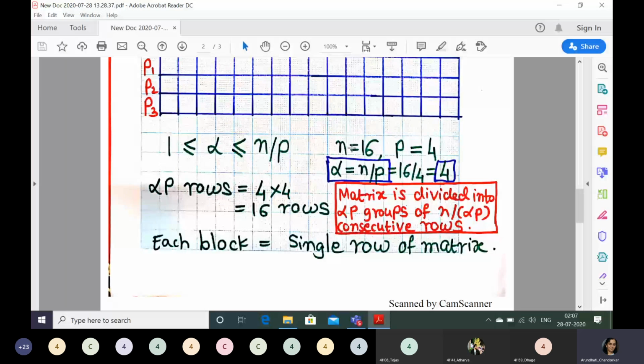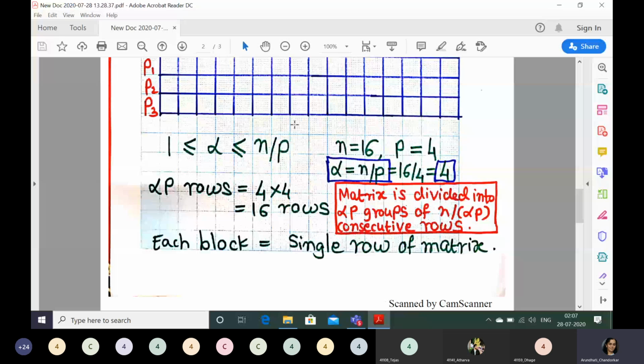And let us divide the whole matrix, that n by n matrix, the 16 by 16 matrix, into alpha p groups of n by alpha p consecutive rows. Just substitute how many groups: alpha into p. Alpha is my 4 here, p is 4. So 4 into 4, 16 groups I will get.